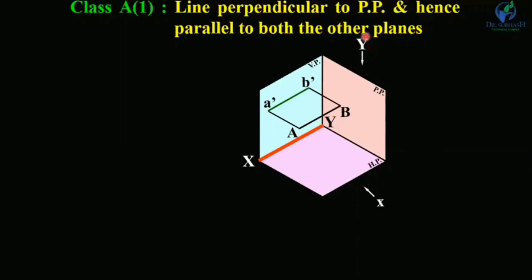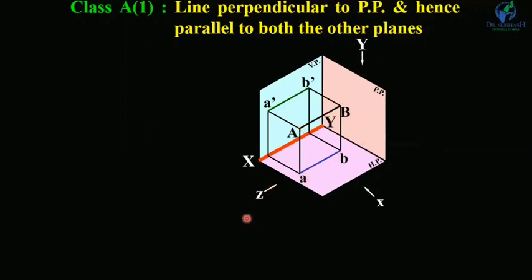Similarly, if we look from direction Y, from the top of the line, the projection of AB is on HP. So AB shows the top view of this line.